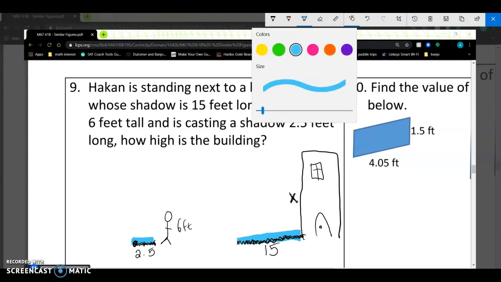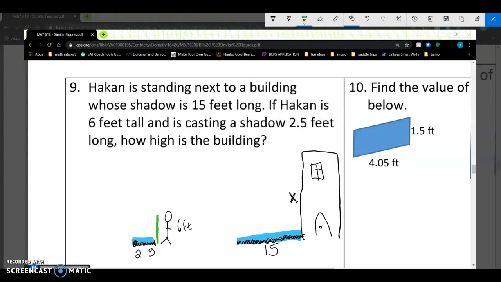We also both have a height here, which I'm highlighting in green. Even though there is no triangle here, we do have similar triangles, right? And you can see the corresponding sides.